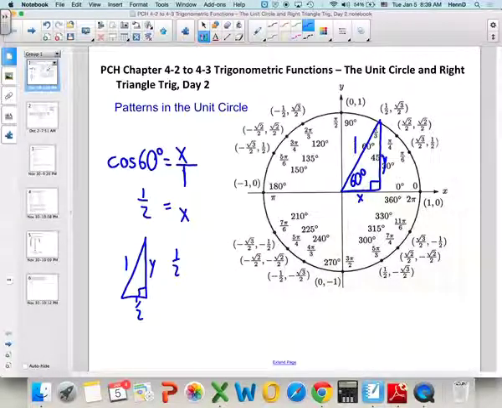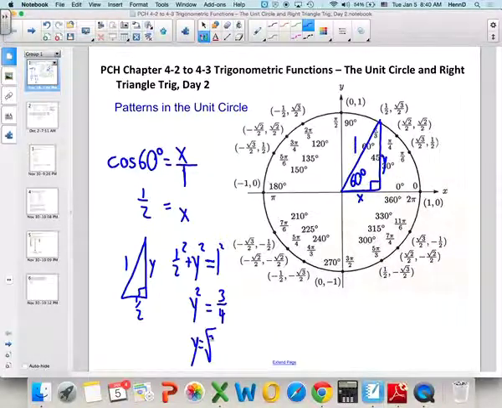So 1/2 squared plus y squared equals 1 squared, which is 1. So 1/4. We'd subtract from both sides, so we get 3/4 is y squared. And that means y is the square root of 3/4. And you notice square root of a fraction, you can just take the square root of the top over the square root of the bottom.